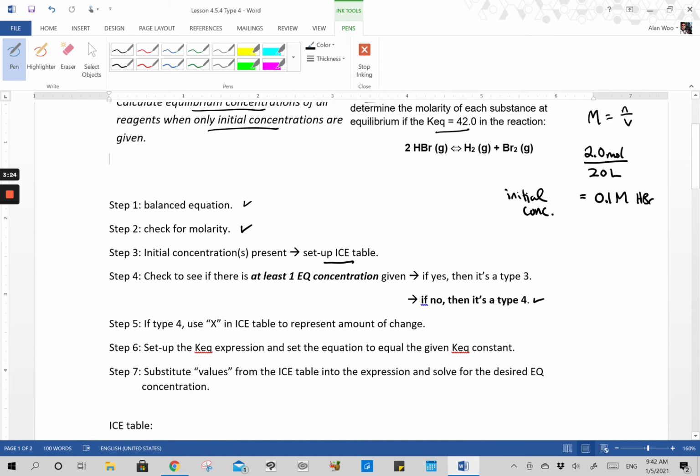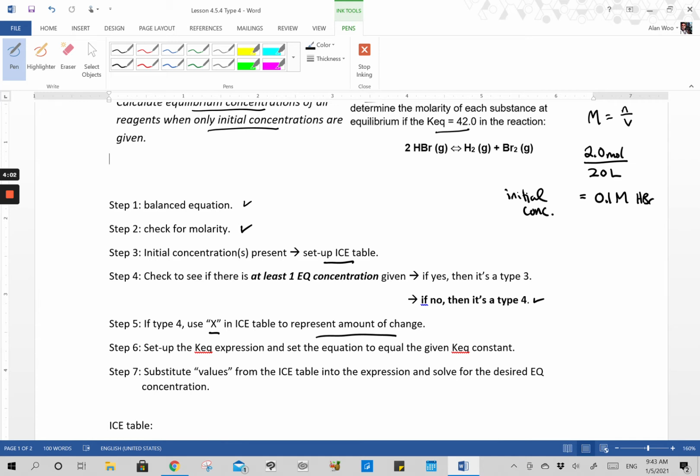If you have a type 4, that means you're not going to be able to figure out the change very easily because you don't have any numbers at equilibrium to work backwards. So you're going to have to use an x to represent the amount of change that's going to happen in this equilibrium. Once you have the ICE table filled out as much as you possibly can, all the other steps are pretty similar to what you saw in a type 3.